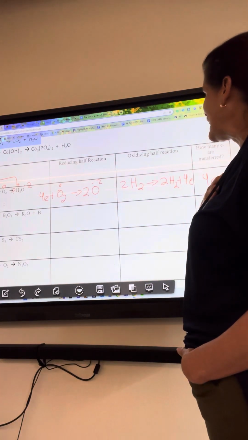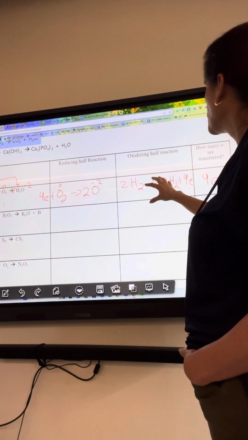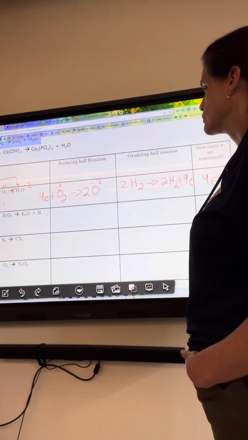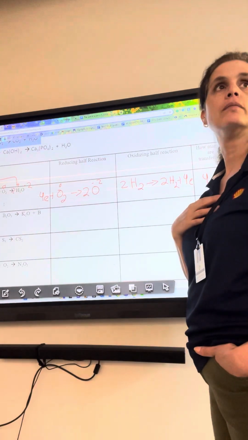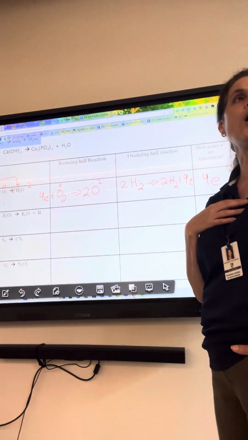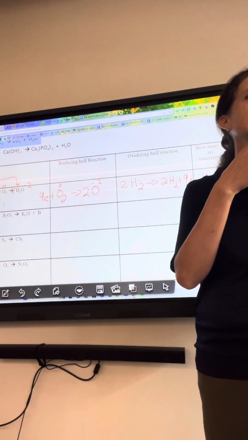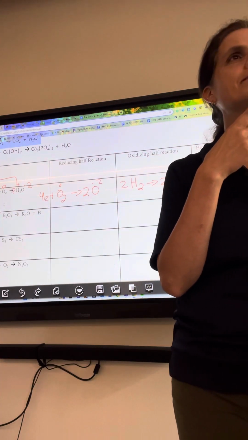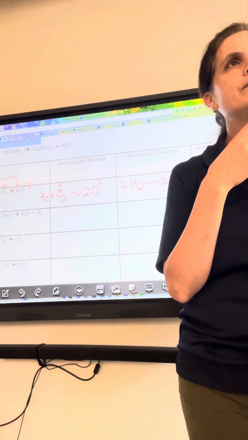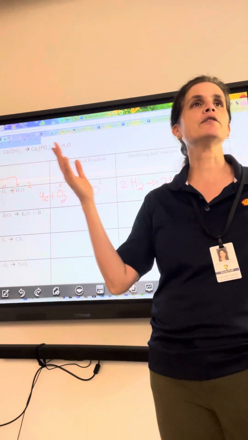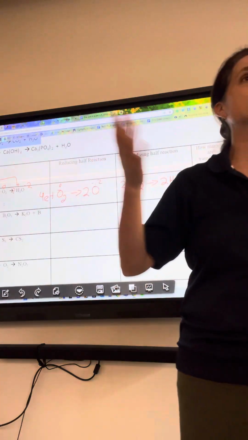The oxygen gained 4 electrons, total of 4 electrons, and the hydrogen lost a total of 4 electrons. Wait a minute, wouldn't oxygen, it went from 0 to minus 2, so wouldn't it be reduced? The charge is being reduced.